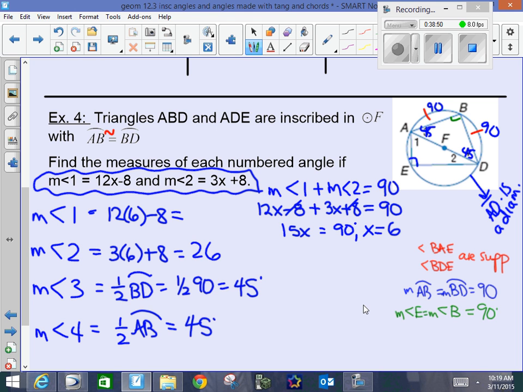And then 72 minus 8 is 64. What's the measure of angle 1? 72 minus 8. Okay, so 64 and 26 have to be 90? Yes. Okay, then you got everything.